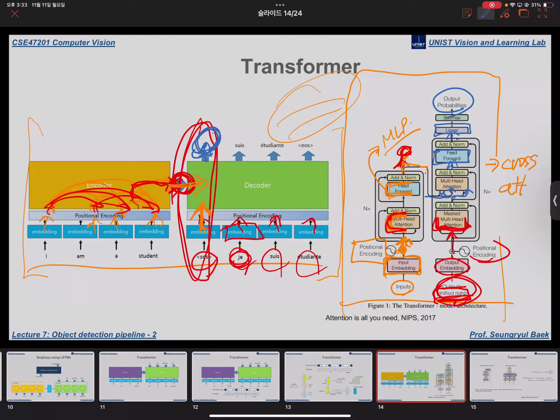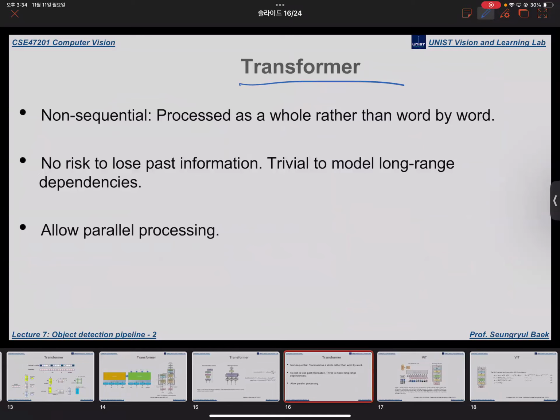And actually, the transformer, on the encoder side, regards the input as non-sequential data. So they encode the features from the input sequence data in parallel by calculating the dense relation between words. So their features are non-sequentially encoded.